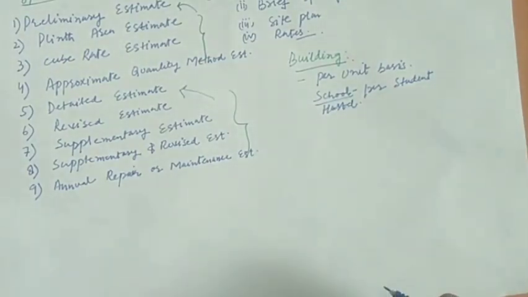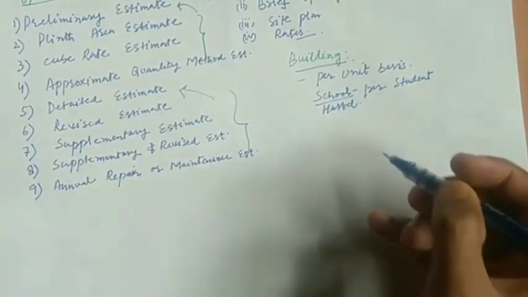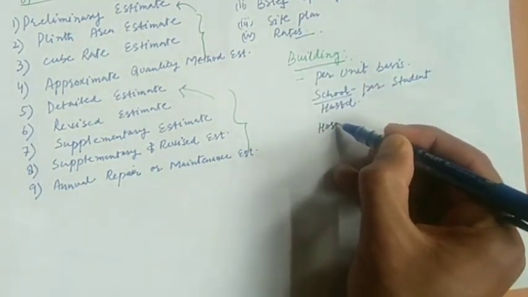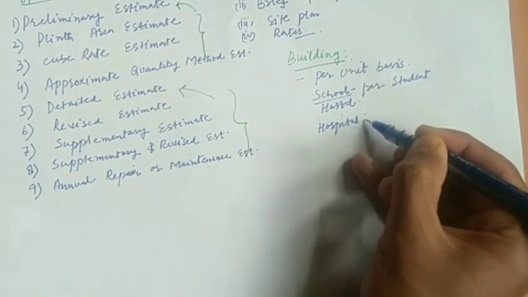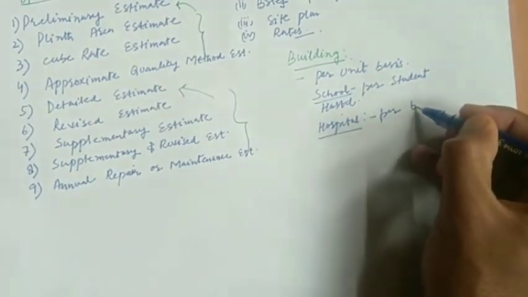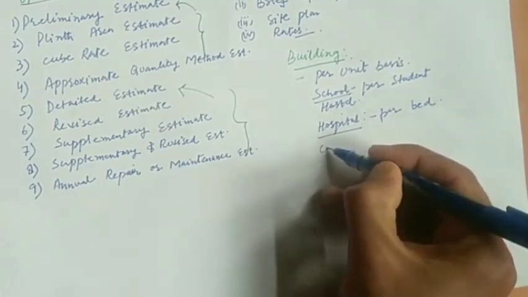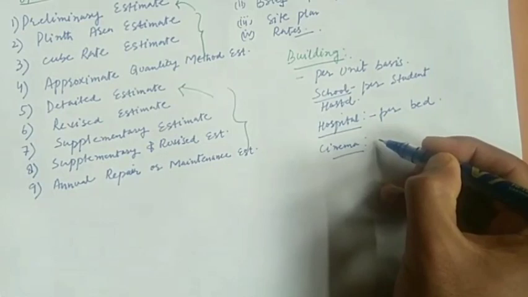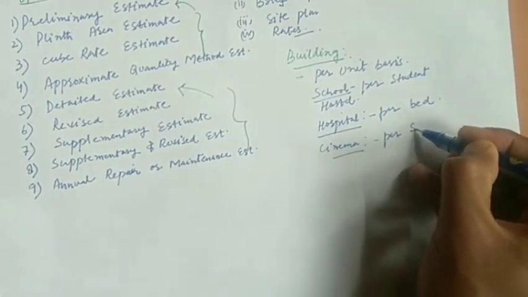Similarly, if we have a hospital building, in case of the hospital it will be made on the basis of per bed. There are various other examples; talking about the cinema, it will be on the basis of per seat.